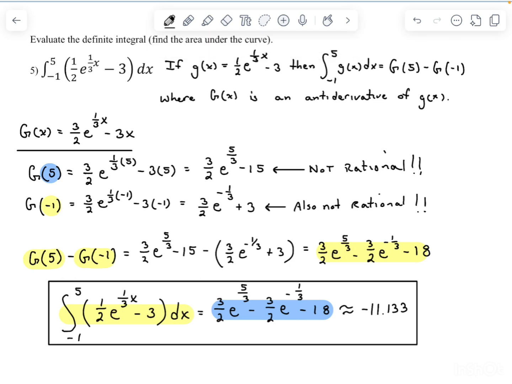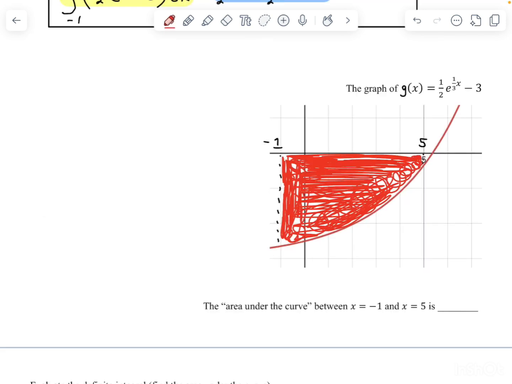So now that we have the value of the definite integral, what does this value represent? To the right is the graph of g of x. Between x is equal to -1 and x is equal to 5, I shaded in the area under the curve. The area in red is below the x-axis, which means the area is going to be represented by a negative number.